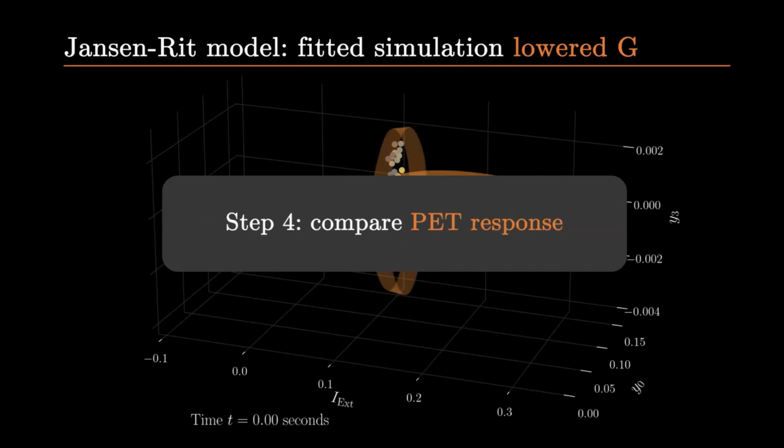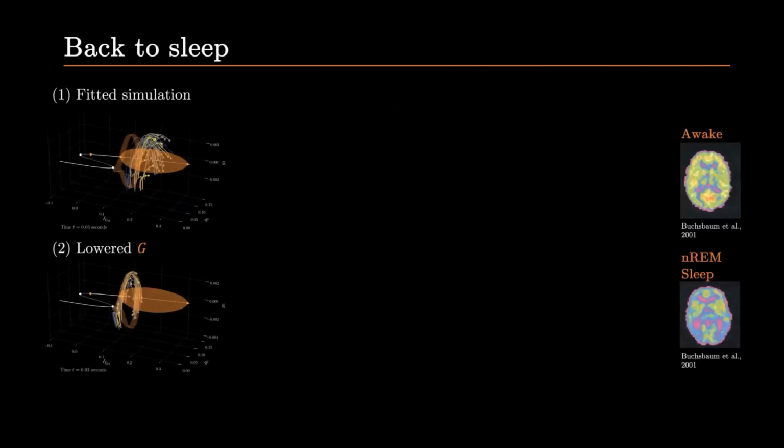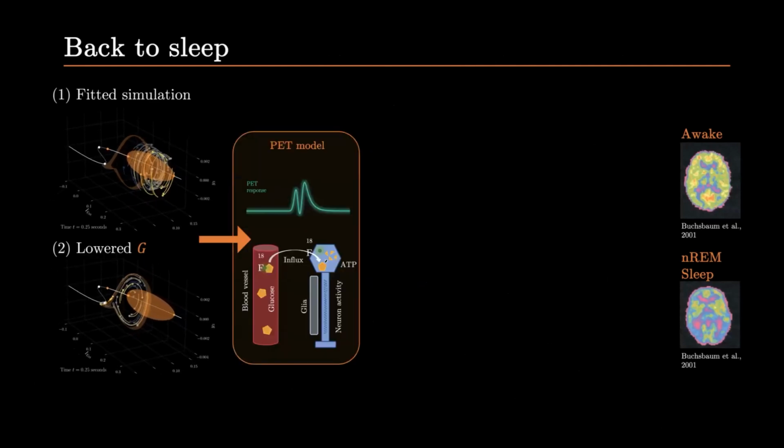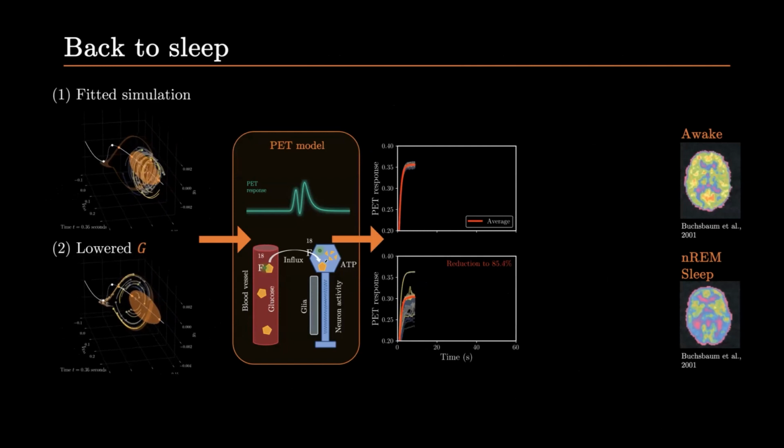Step 4 in this journey: we take these two simulations of the Jansen-Rit model, the one which is fitted to the empirical data with alpha band activity, and the one with lower G, where we know it's dominated by delta band activity, and we plug them into our PET model, and we observe the output of the PET model.